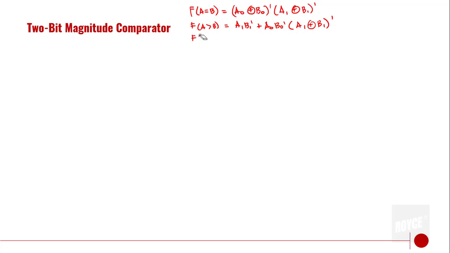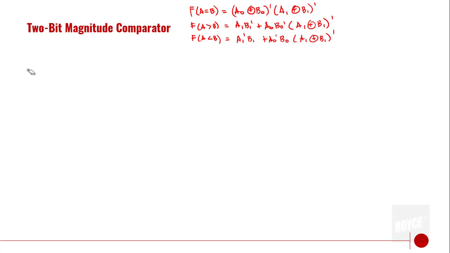And then the third, A is less than B. Parang naka-dual siya, no? So, baliktad lang. A1 prime B1 naka-OR sa A0 prime B0 and naka-AND sa A1 XNOR sa B1. So, these three, gagawan na natin ng logic circuit.